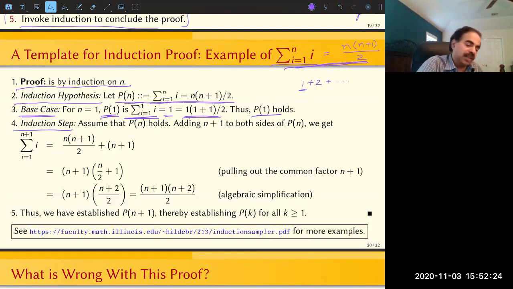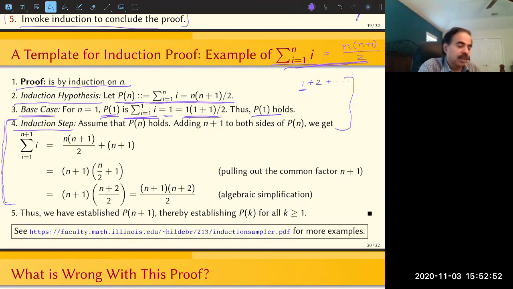Then you do the induction step, which is pretty much all of your real proof. The other steps are mechanical: you can write down the induction hypothesis, you can establish the base case. The only step where you may need to do something slightly intelligent is the induction step.